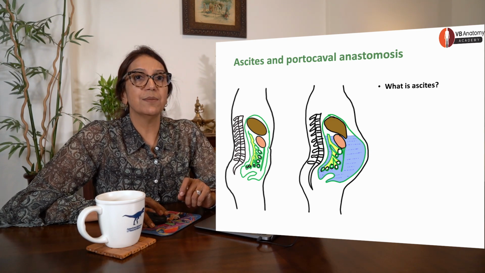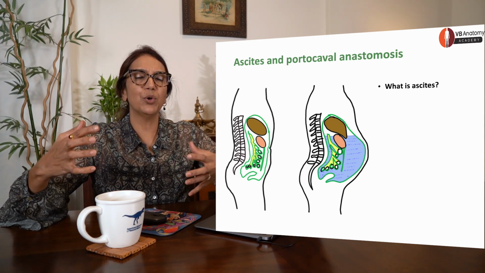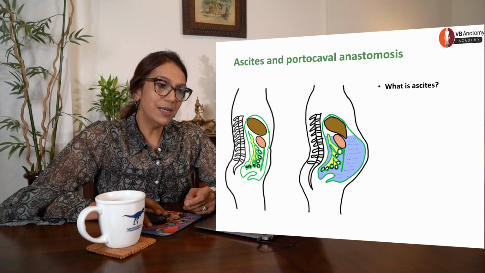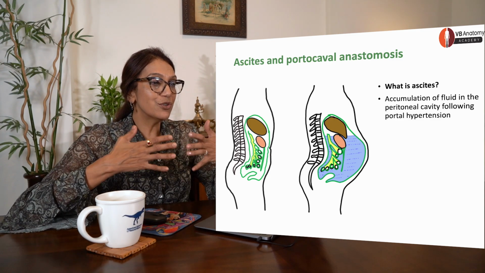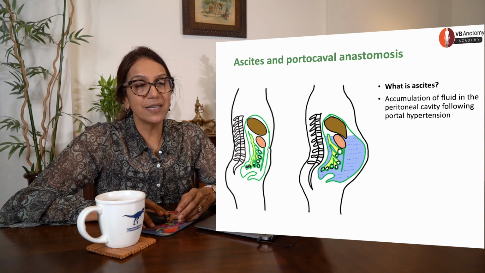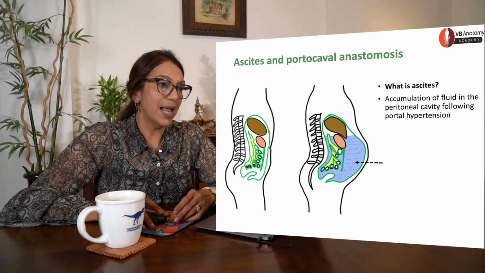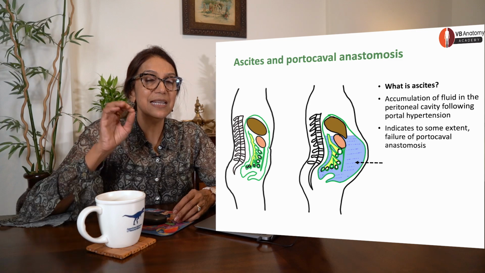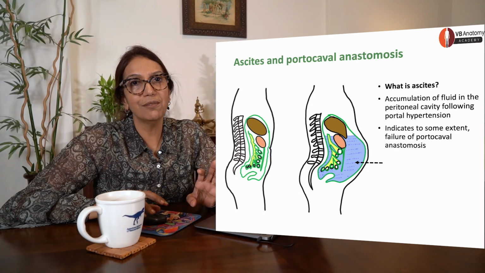Very many times you find a patient coming with a massive abdomen, that's stretched, tense abdominal wall. The abdomen is now filled with a fluid. What is this? There is accumulation of fluid in the peritoneal cavity, which is called ascites, seen in cases of portal hypertension. Okay, this is an indication that portocaval anastomosis is really not functioning well.